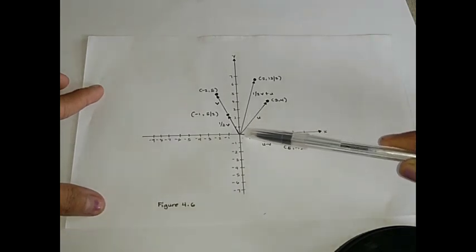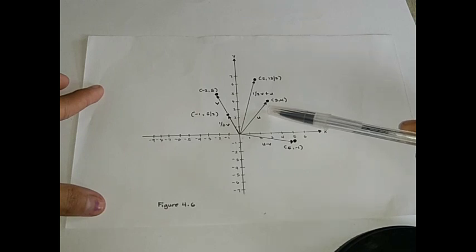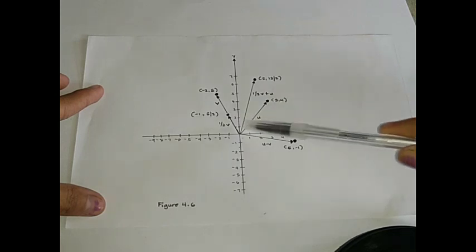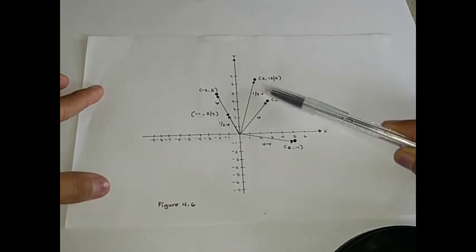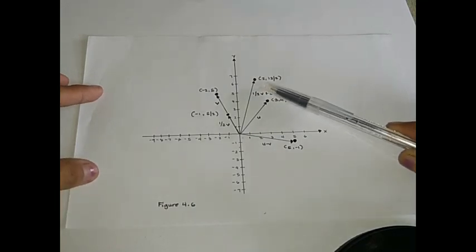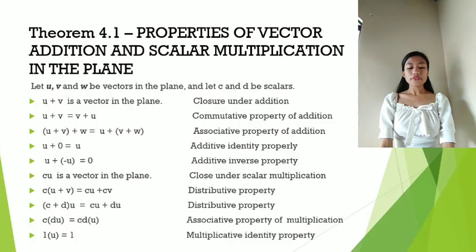So here, this line is the vector u, which is (3, 4), and this line is 1/2 times v plus u with its terminal point (2, 13/2).